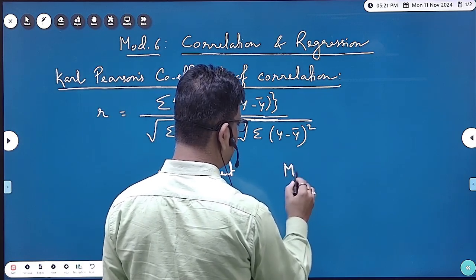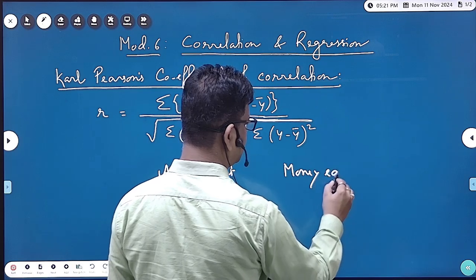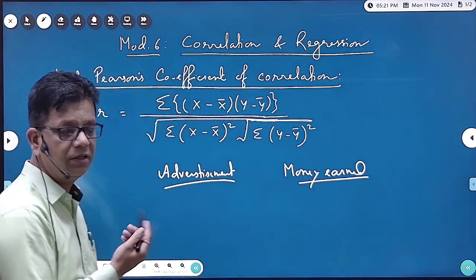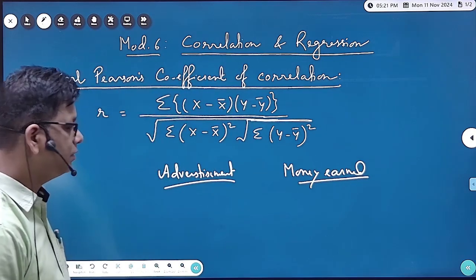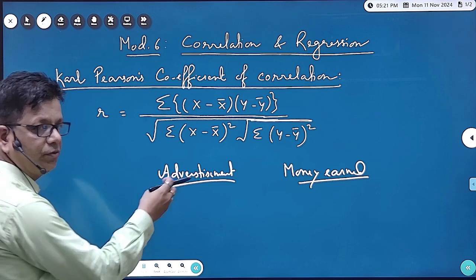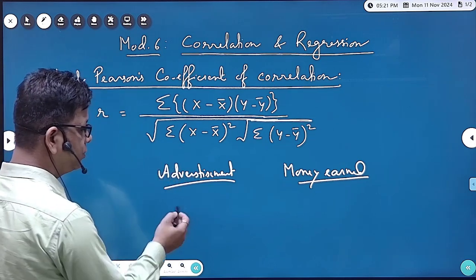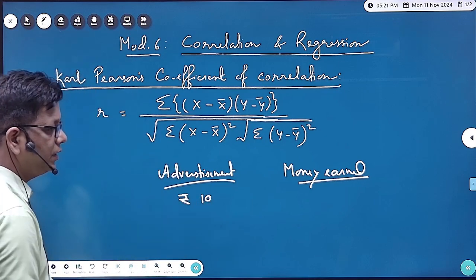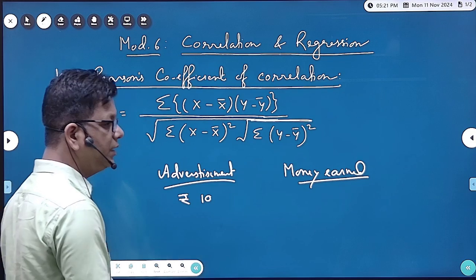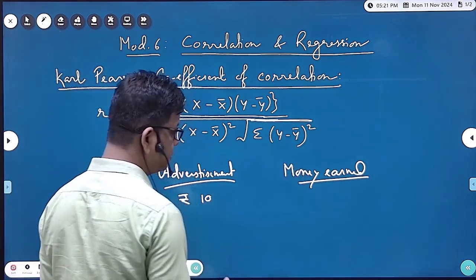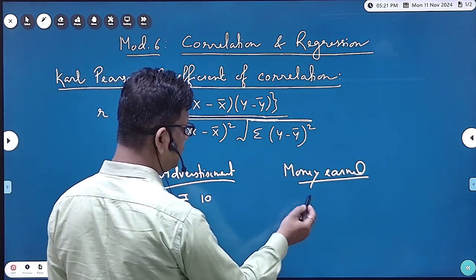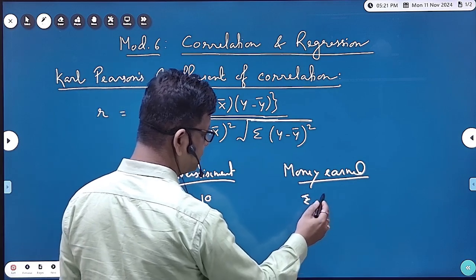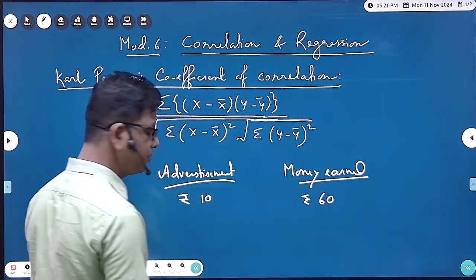Now, if I give an example, suppose the company has hired a Bollywood celebrity to advertise the product. So suppose they have spent 10 crores, right? Now for selling the product, whatever the product was, suppose they are earning some money, say 60 crores.